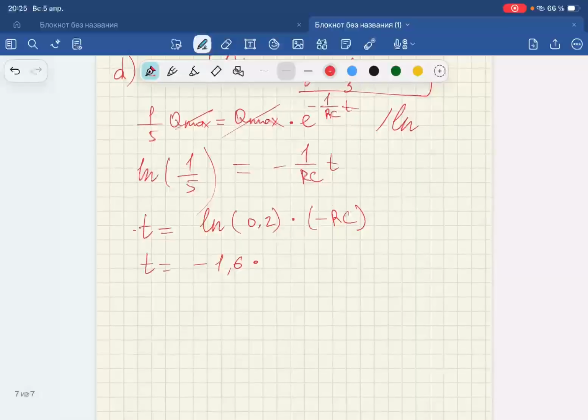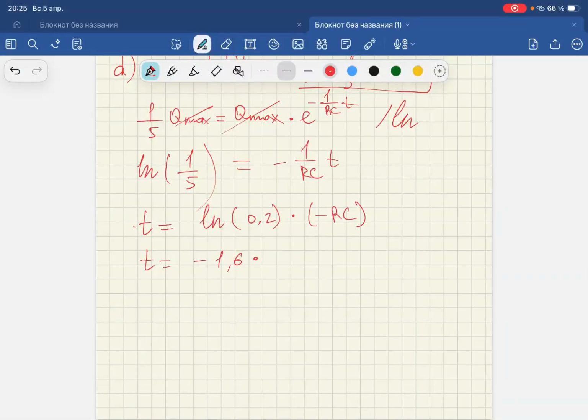Let's put that value in: minus 18 times 10 to the power of 3, times the capacitor, which we already know is equal to 10 to the power of -5. The final is just mathematics.